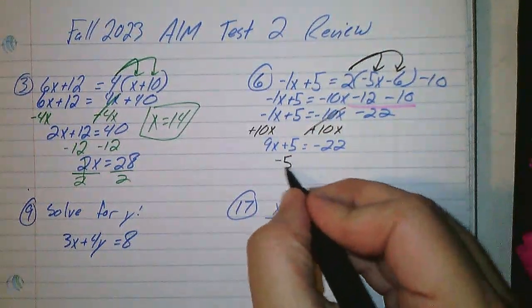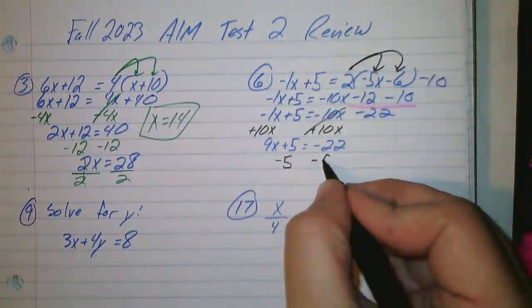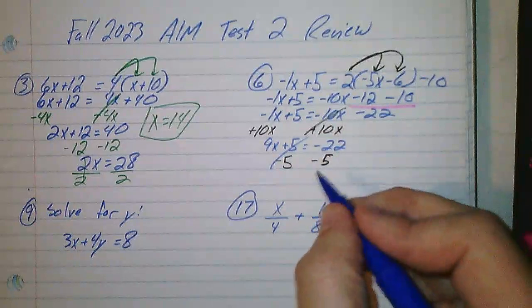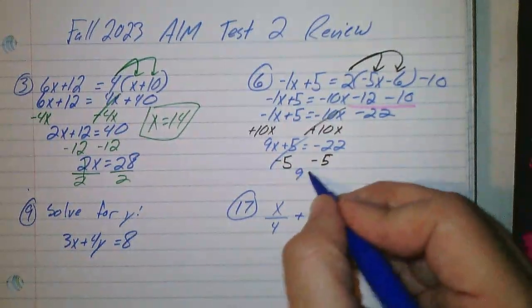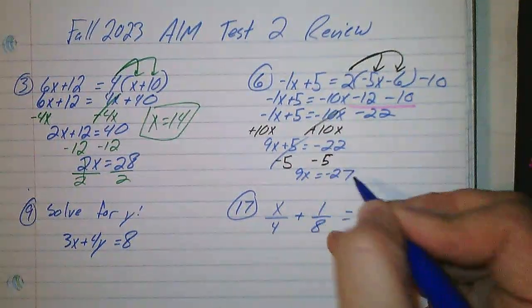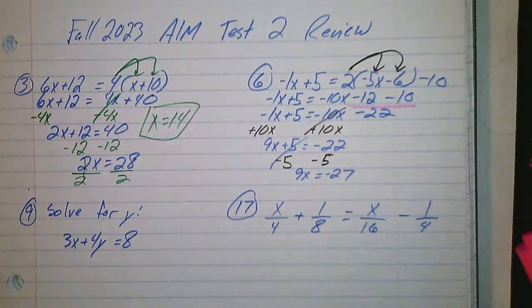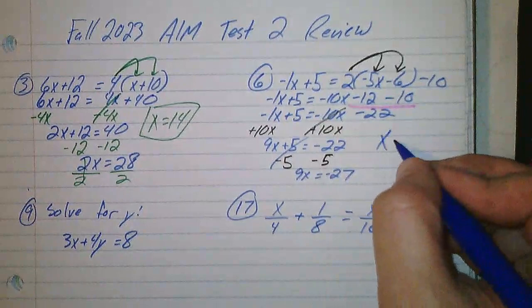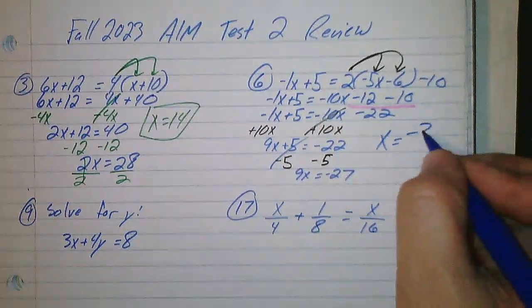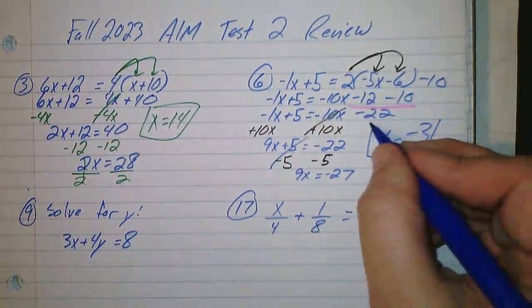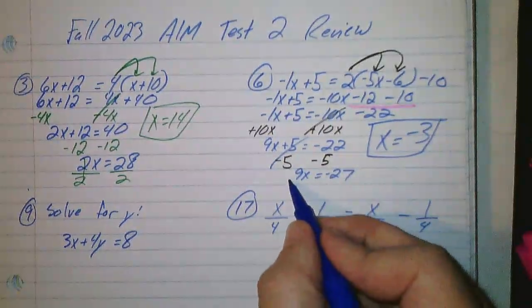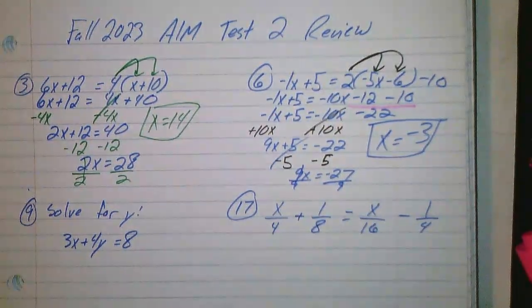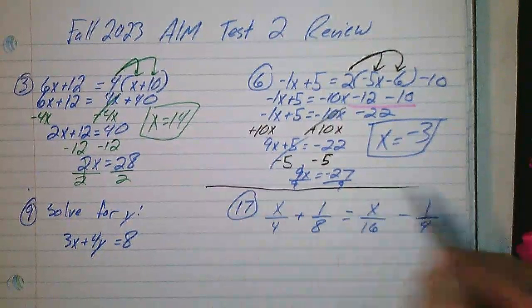And then we subtract 5 from both sides to get 9x equals negative 27. Divide both sides by 9, and we get negative 3. So there's that one.